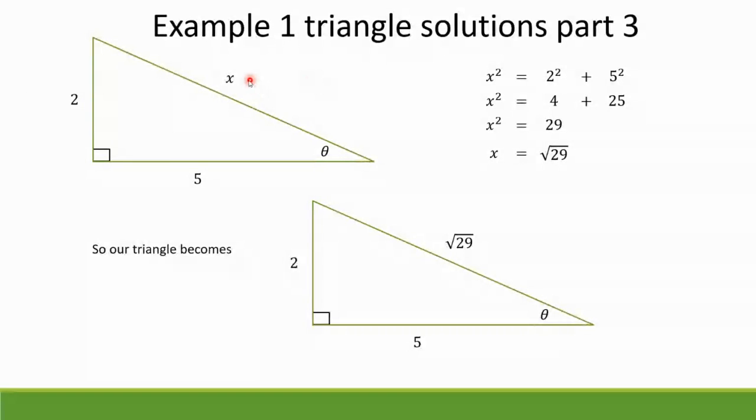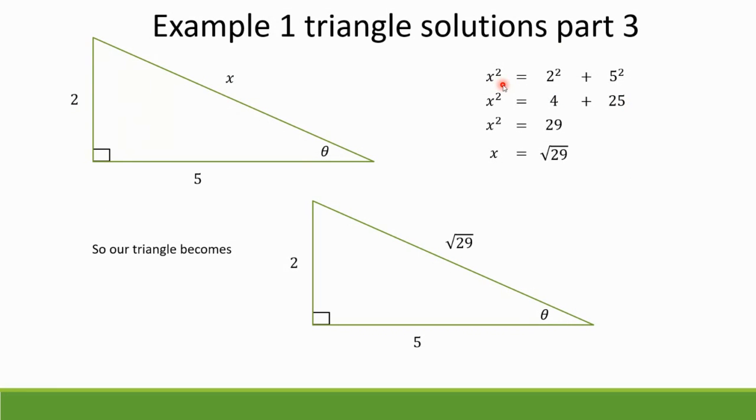And that's what I'm doing here. I called it x. So by Pythagorean's theorem, we have a squared plus b squared is c squared. In this case, we have 2 squared plus 5 squared is x squared. So x squared equals 2 squared plus 5 squared. 2 squared we know is 4, 5 squared is 25.